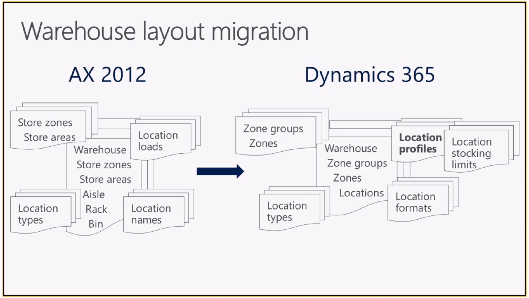Those things around having fixed enum values, which drive business process decisions in the AX 2012 solution, are very different in the Dynamics 365 process, which is on the right side of the slide.